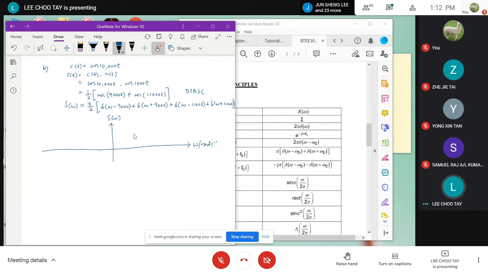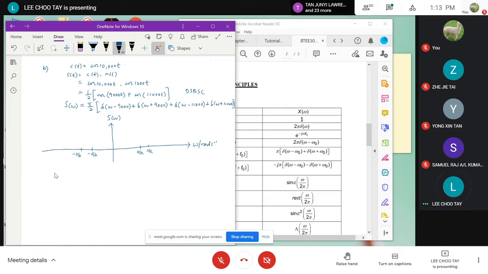I have plus minus 9,000, so I write 9K, and this is minus 9K. And I have 11K, and I also have minus 11K.